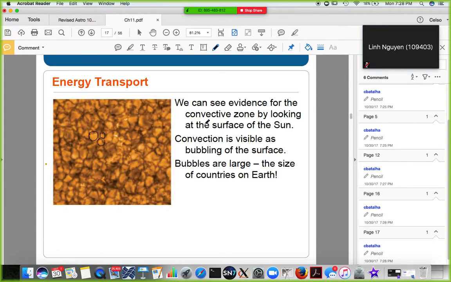Earth has a diameter of 12, 13,000 kilometers, so this is about a quarter of Earth size. So they are relatively big if you compare with Earth itself. Bubbles are large, the size of countries on Earth. So they are a quarter the size of our planet Earth in diameter.